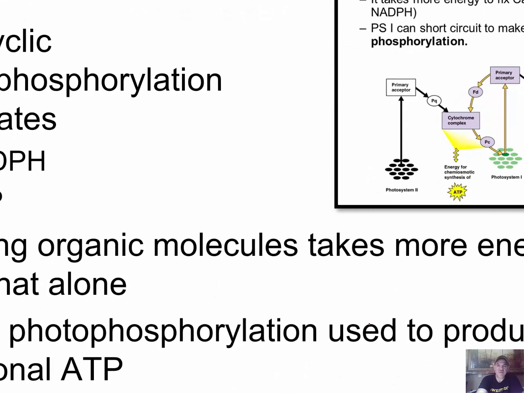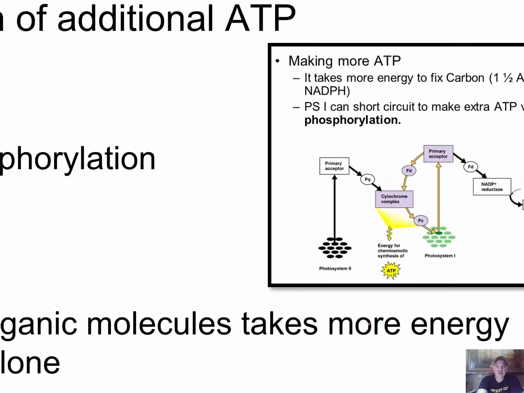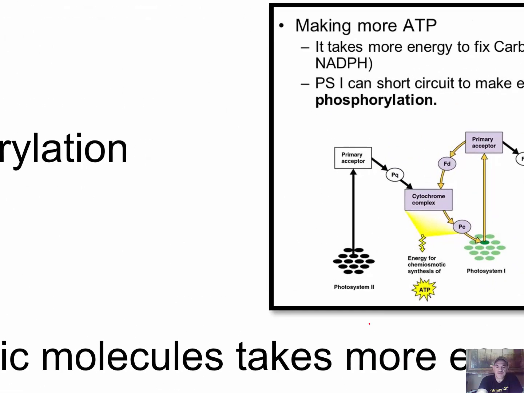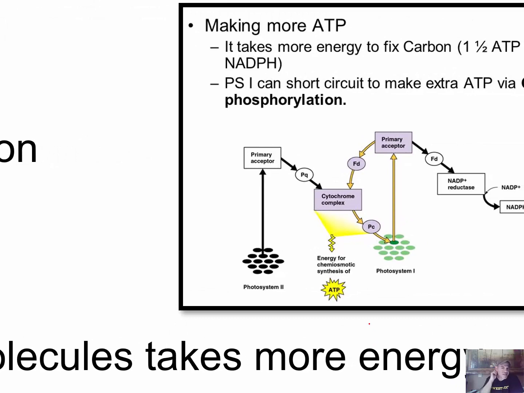So let's zoom in a little bit to see this diagram on the top right. Here, it looks like the Z diagram we were looking at earlier. I can't write when I'm zoomed in, but you can follow my little hand moving around. There's your photosystem 2, over here's photosystem 1.